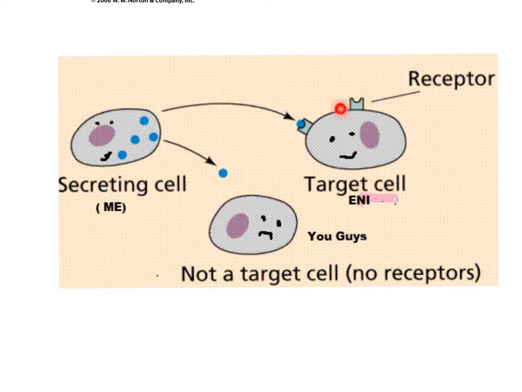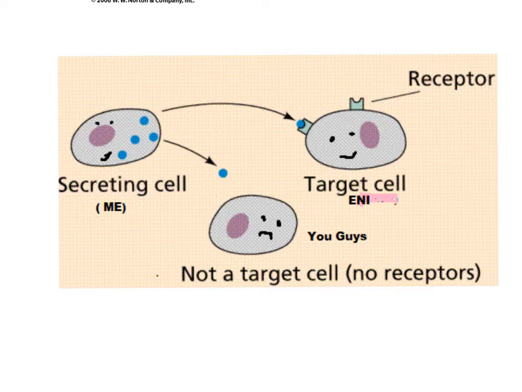As we've said just above, sometimes those receptors are on the cell surface membrane, sometimes they're actually within the cell itself. However, there needs to be some sort of receptor which recognises the presence of the hormone. And if it has such a receptor, we call it a target cell, as opposed to cells which don't have a receptor for that particular hormone, which would be non-target cells, because they don't have receptors. So hopefully that defines those.